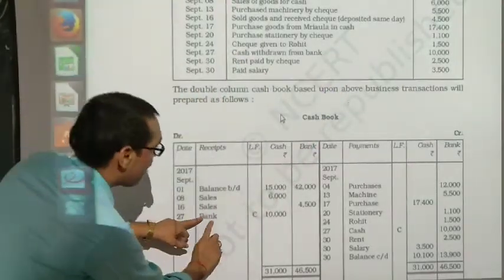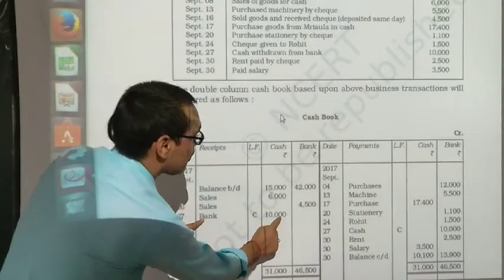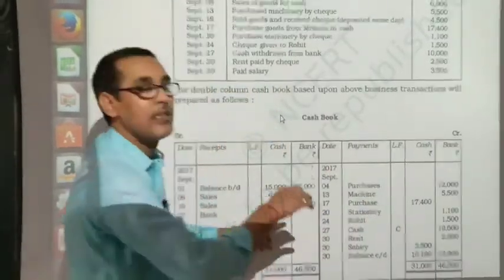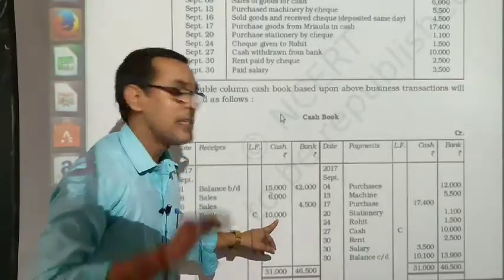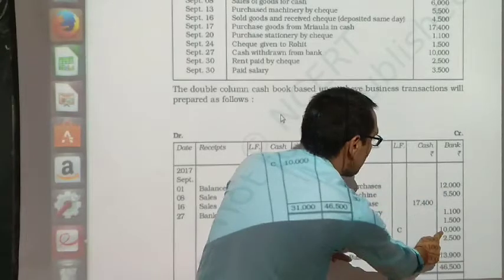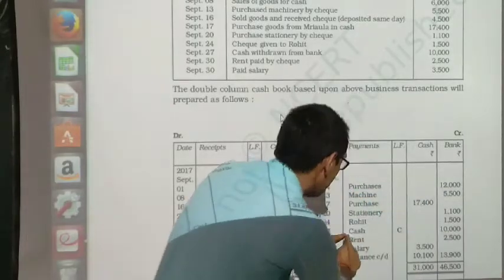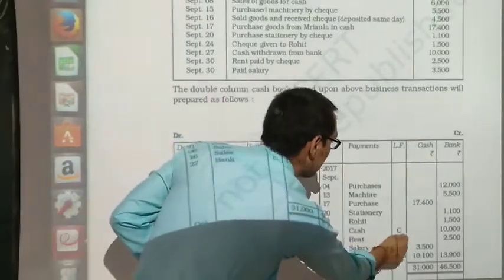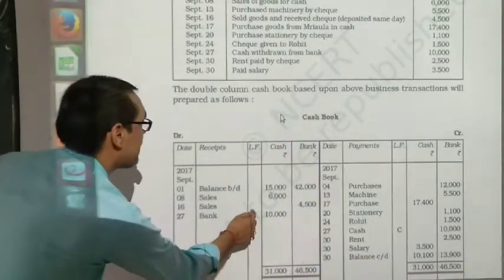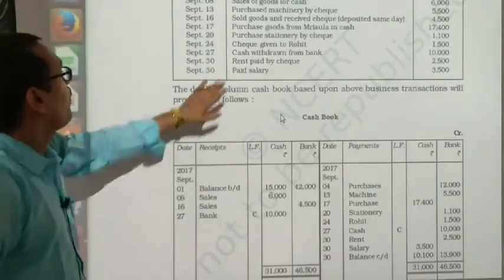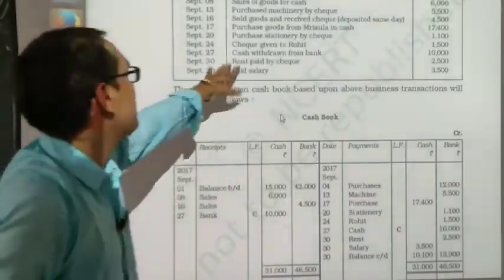So to bank, in the cash column 10,000, and on the credit side cash is reducing from the bank. That's why we create the bank column entry written as by cash account, and we mention C for contra entry in the LF column. So this is the contra entry.